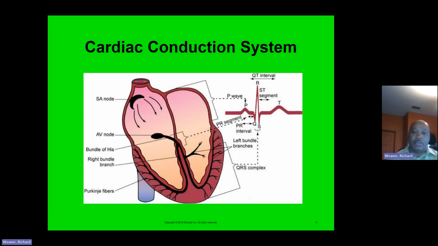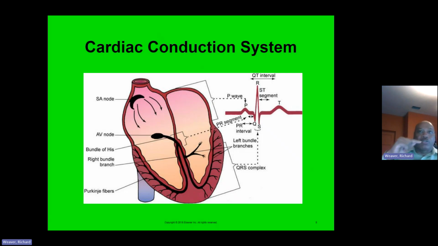Thereby, this is going to lead to poor perfusion or circulation. Think about, for example, if the electrical conduction system is sending impulses chaotically. Let's say, for example, ventricular fibrillation.